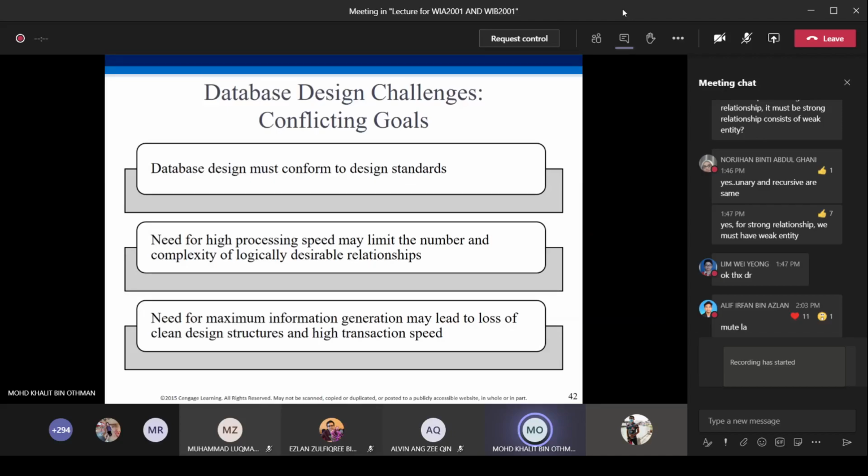And if your answer is different from this slide, don't worry, because maybe you can find other challenges of database design.